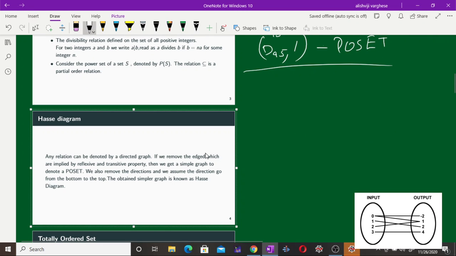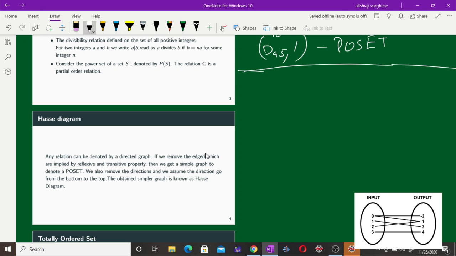Now, to represent a partially ordered set, we know that any relationship can be represented using a graph, but if it is a partial order relation, then it can be represented using a simpler graph, which is known as a Hasse diagram. And in a Hasse diagram, we eliminate the steps which are obvious by the transitive relation, reflexive relation and symmetric relation.